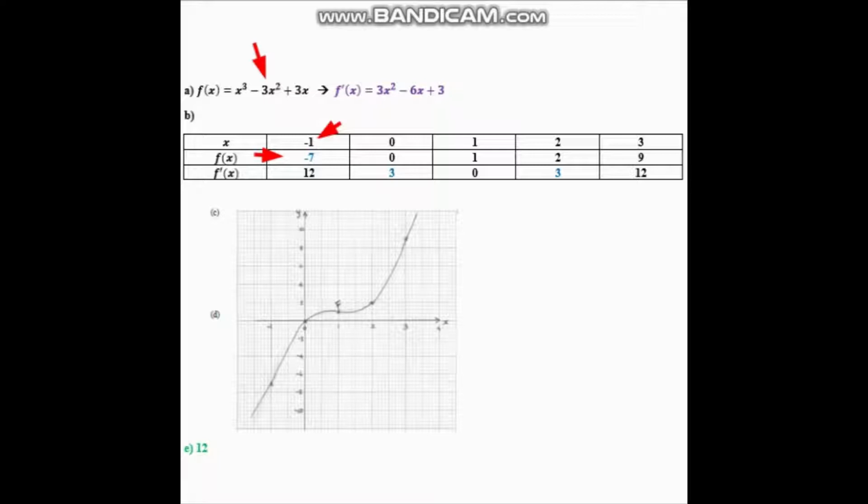When x equals 0, if I want to find f dash of x, I simply need to plug 0 into the purple equation, and this shall give me the value of f dash of x. Similarly, when x equals 2 and I need to find f dash of x, I shall simply plug 2 into the purple equation, and this shall again give me a value of 3.